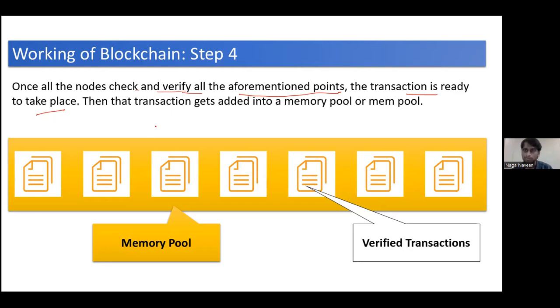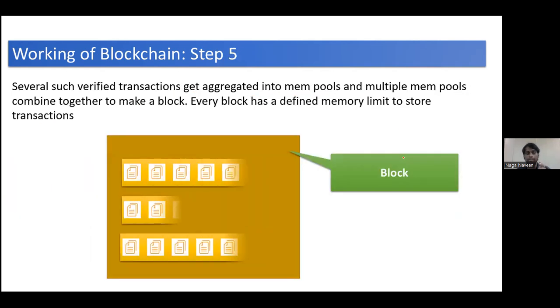So after recalling that concept, this particular verified transaction will be placed inside something called a mempool or memory pool. Memory pool is not a block again. Memory pool is a part of a block. See, this is a verified transaction, this is a verified transaction, this is a verified transaction. All such verified transactions will be kept inside the mempool. Then a particular amount of data can be stored inside a block.